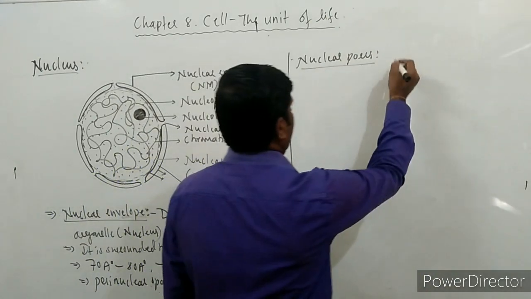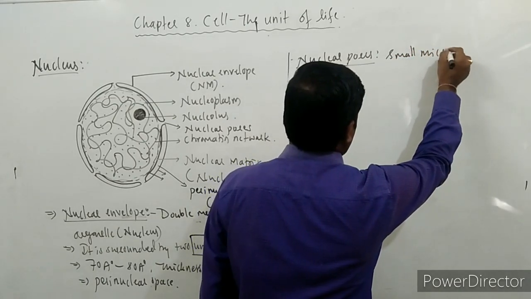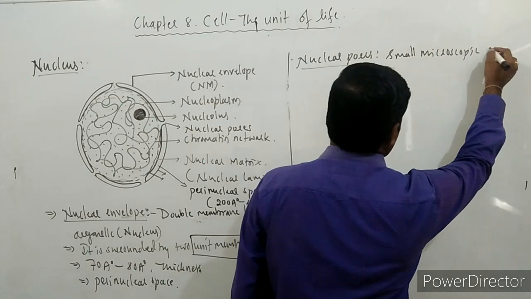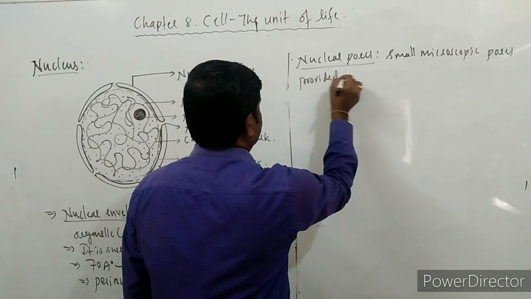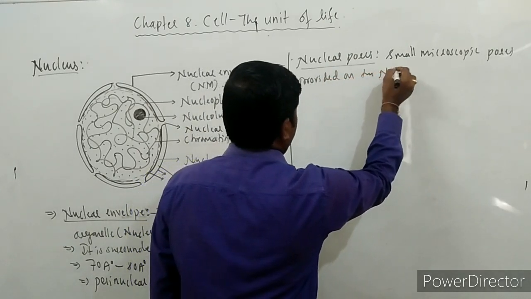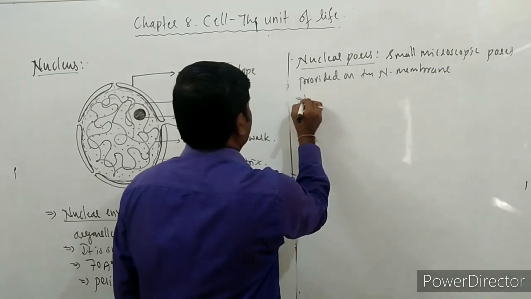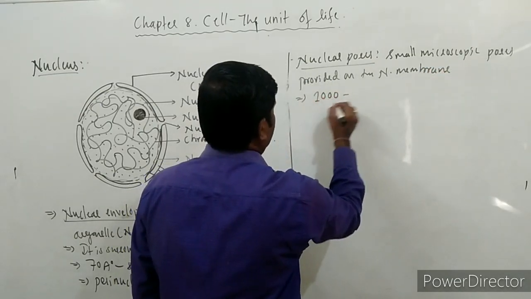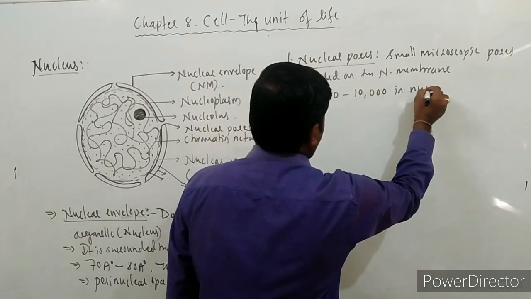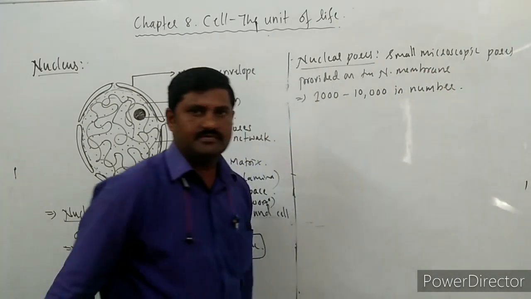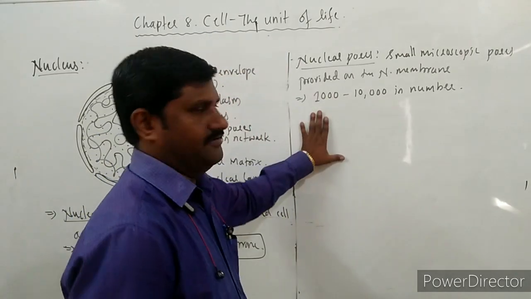These nuclear pores are small microscopic pores provided on the nuclear membrane. They number about 1000 to 10,000. That many nuclear pores are provided here itself, right?